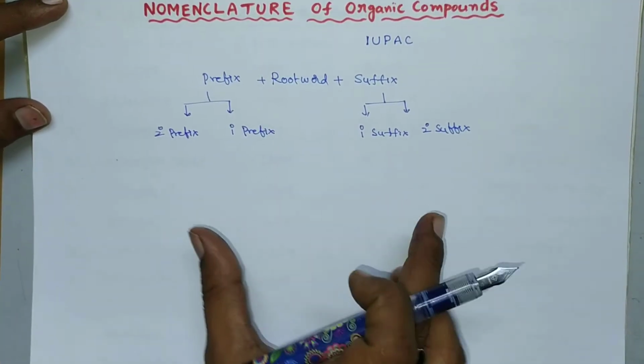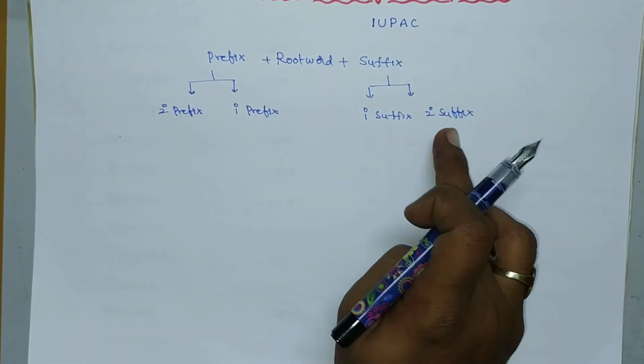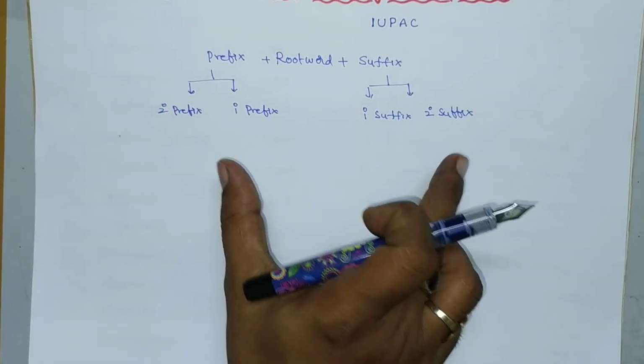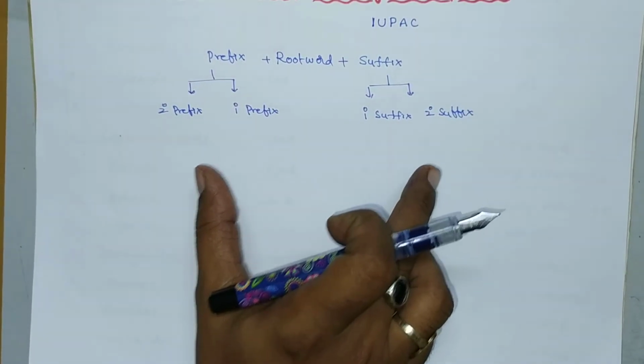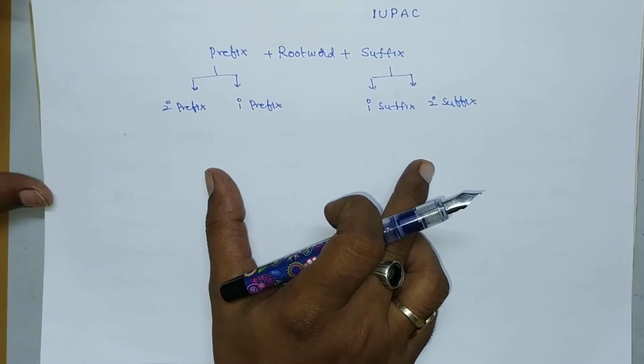So in this way there are mainly 5 terms: root word, primary suffix, secondary suffix, primary prefix and secondary prefix. We have to learn in this video what these terms indicate.